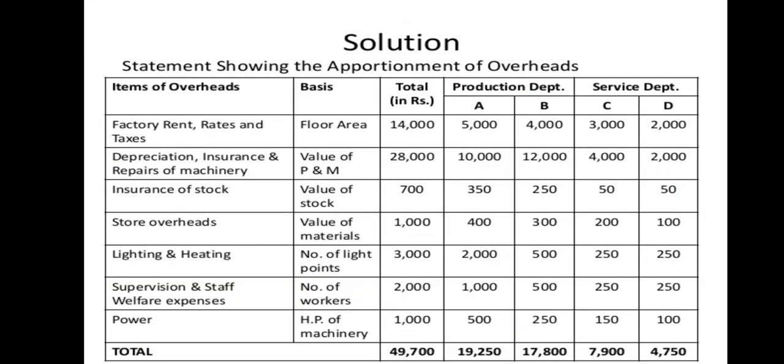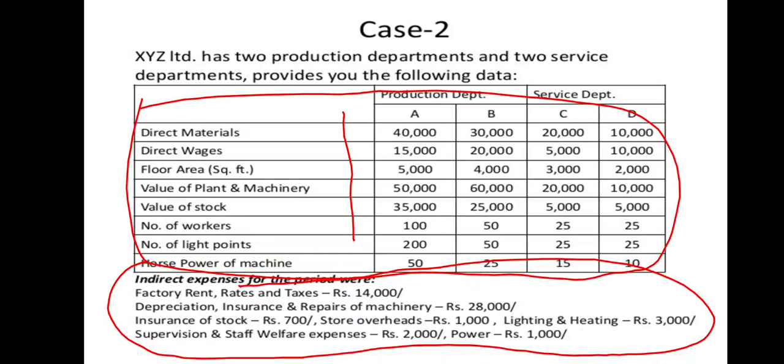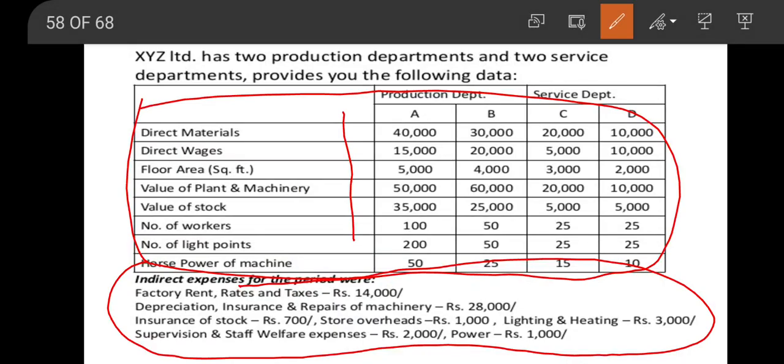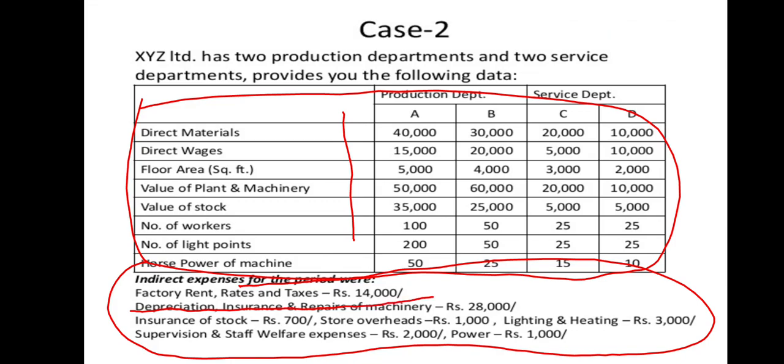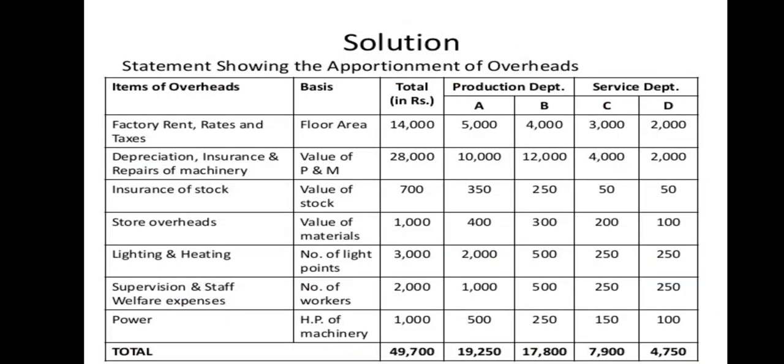Yes. So first one, see students here, let me mark factory rent and factory overheads. Factory rent, rates and taxes is given as 14,000. What is the basis for apportionment?